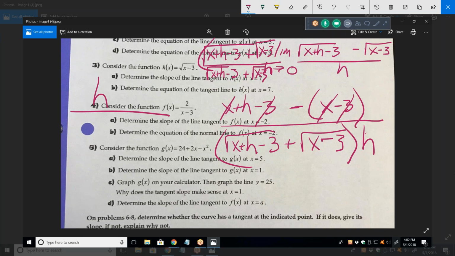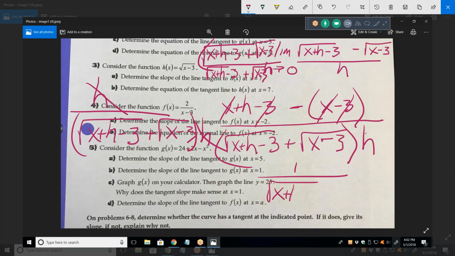In the denominator, we've got square root of x plus h minus 3 plus square root of x minus 3, all multiplied by h, meaning the h's can cancel. In other words, this becomes much like a limit problem, and this is our derivative.